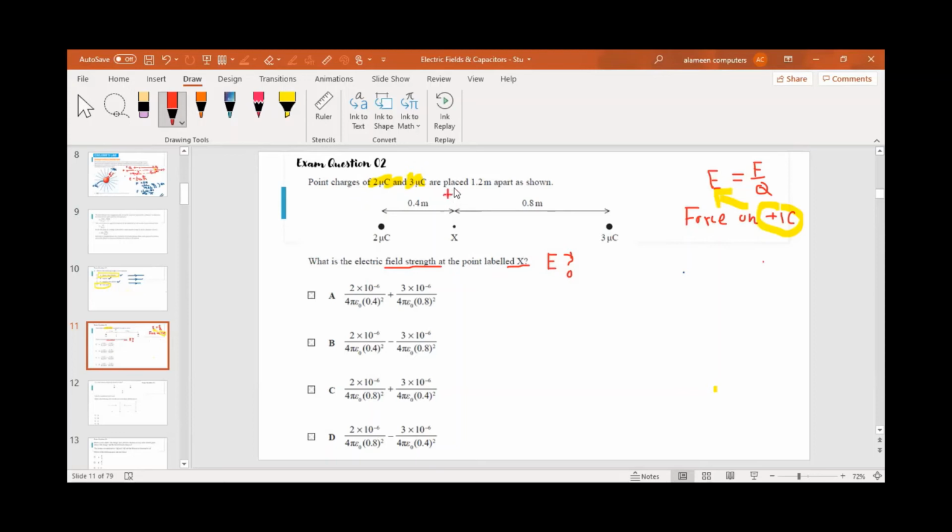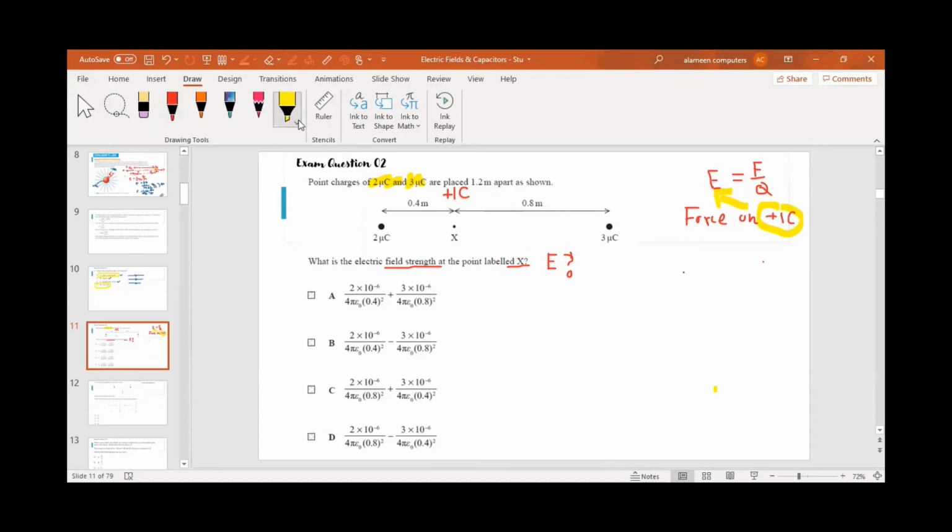You go and keep +1 Coulomb charge at X. So what are we going to keep at X? +1 Coulomb charge. And then you calculate the force on it, and that force should be equal to the electric field strength, according to the definition.